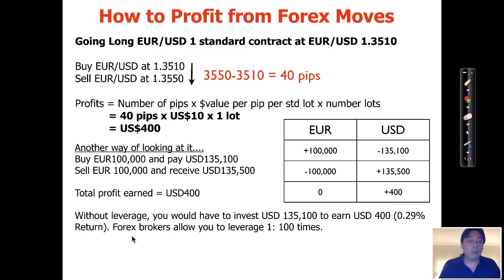Most Forex brokers allow you to leverage 1:100. What does that mean? That means for every 100,000 euros, you only need 1,000 euros of deposit to buy that position. If you only use 1,000 euros, that means you're making $400 from 1,000 euros, and that's a much better return.